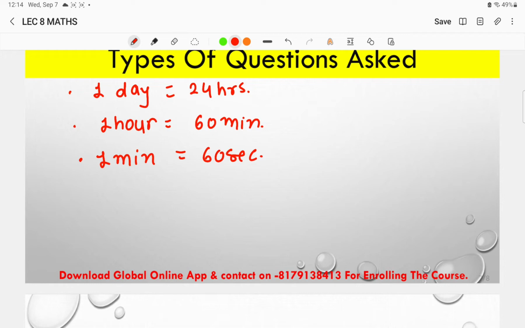One fortnight is equivalent to 2 weeks, right? So one fortnight is equivalent to how many days? If the question is asked directly, it means 14 days. Okay, one day is equal to 24 hours, 1 hour means 60 minutes, and 1 minute is equal to 60 seconds. Now to solve this question on time, we will deal with one trick.